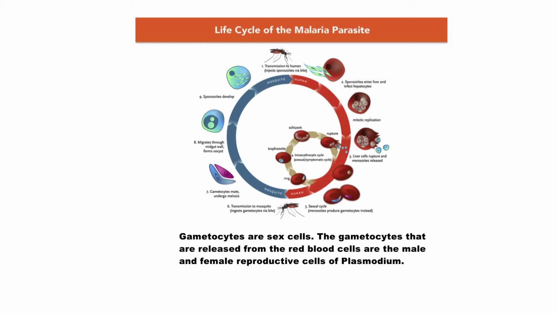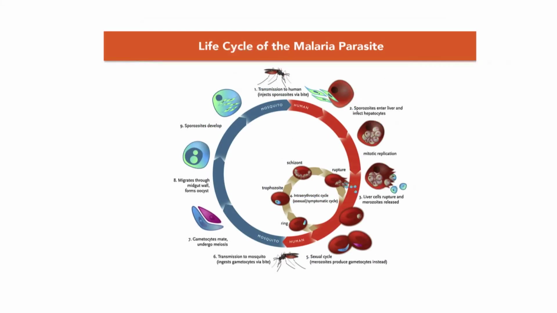Let us go back to our graphic of the life cycle of the Plasmodium parasite that causes malaria. Let us continue from number 6. At number 6, if a mosquito bites an infected person, it picks up gametocytes in the blood meal.